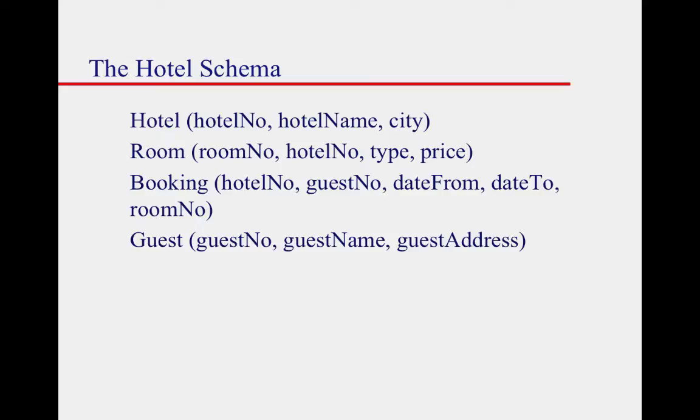But we're going to be using this one a fair amount over the next couple of weeks. So we are running a hotel chain. We have a number of hotels which we store in our hotel relation. And then we have a number of rooms that have a type like double, single, suite, executive, and a price we charge for each night. We have bookings for rooms, and we have a relation of our guests.